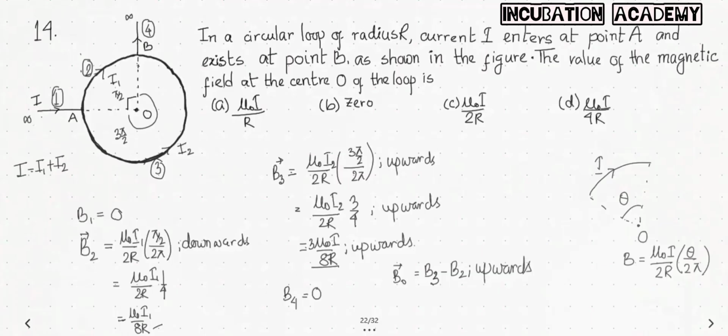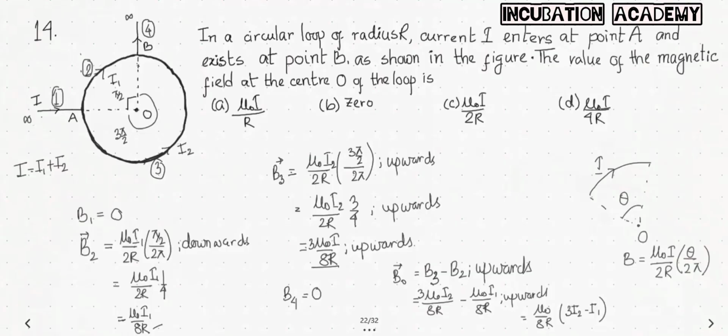This is 3 mu naught I2 divided by 8R minus mu naught I1 divided by 8R, upwards. Taking mu naught by 8R common, we get 3I2 minus I1, but here I1 plus I2 is I.